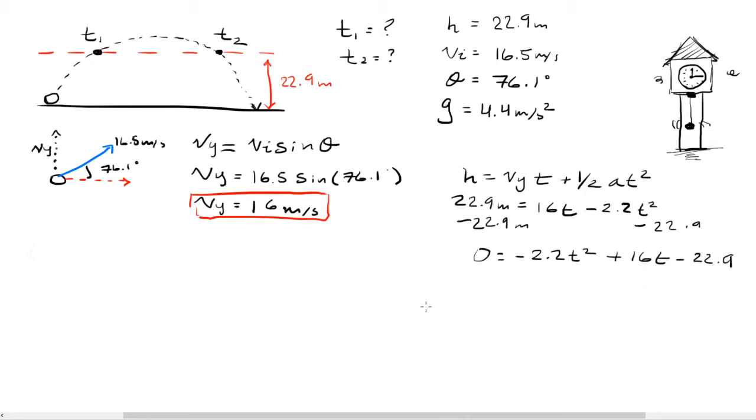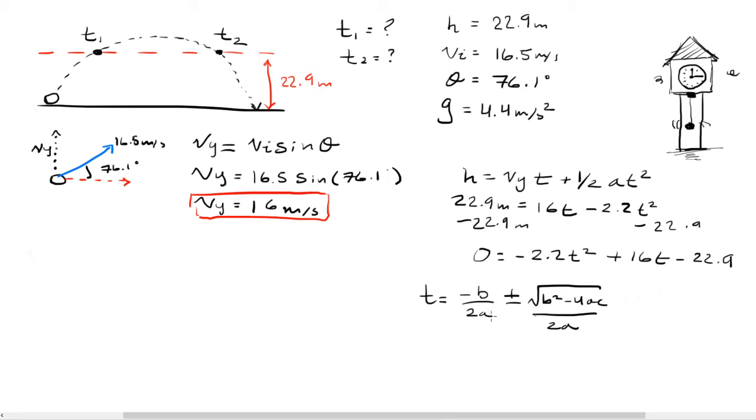We're going to use the general form of the quadratic formula, t equals negative b over 2a, plus or minus the square root of the discriminant b squared minus 4ac, over 2a as well.